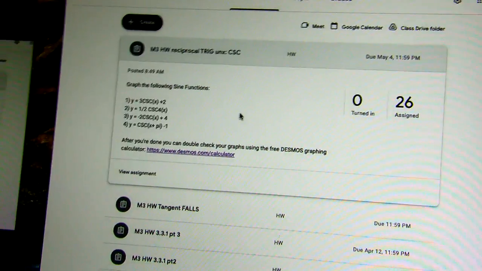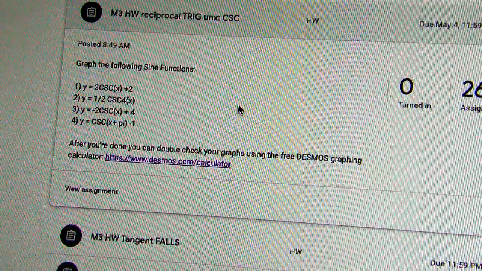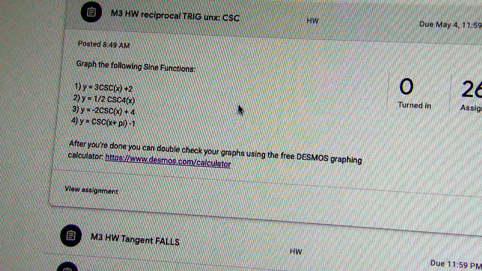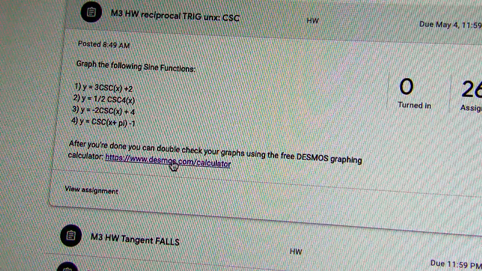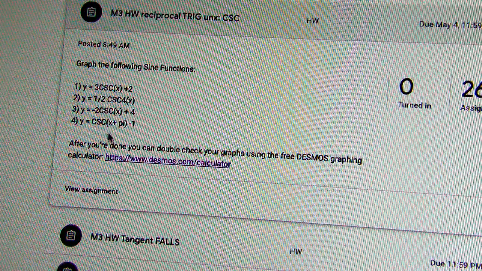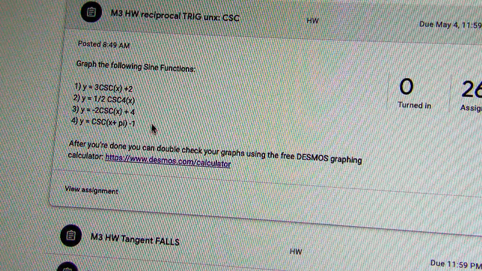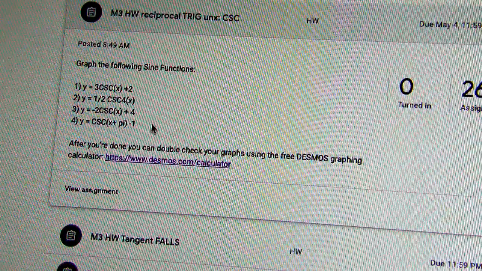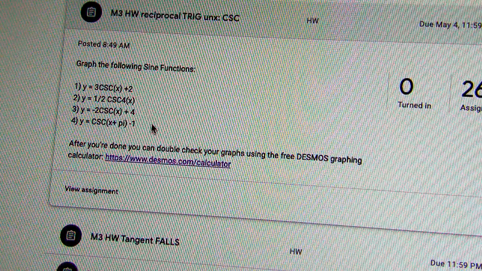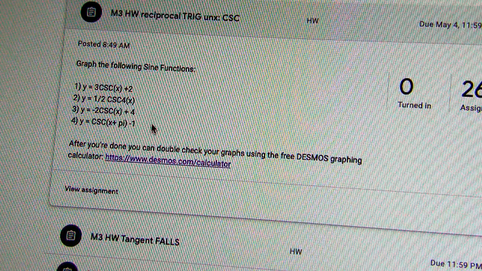Okay. So here are the 4 functions you got to graph. And you could also double check yourself with the Desmos calculator if you want to see if it's correct. But we only have 4 to graph. It's not so bad. And then on Thursday, we'll look at the secant. And then we'll have one more part to all of it.